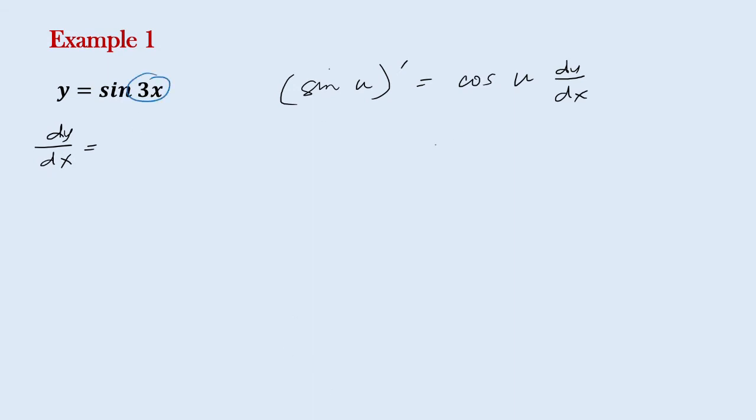So let u be equal to 3x, and then the derivative of u with respect to x is equal to 3. Therefore, the derivative of sine 3x is cosine u. Since u is 3x, this would be cosine 3x times du/dx, and that would be 3. So we have 3 cosine 3x.